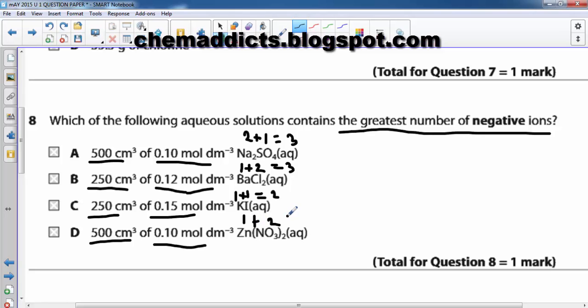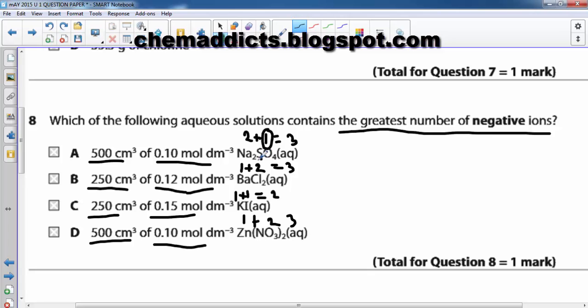Okay, so within these 4 types of solution, which has got the greatest number of anions? Well, let's see. Here it has 1 anion.